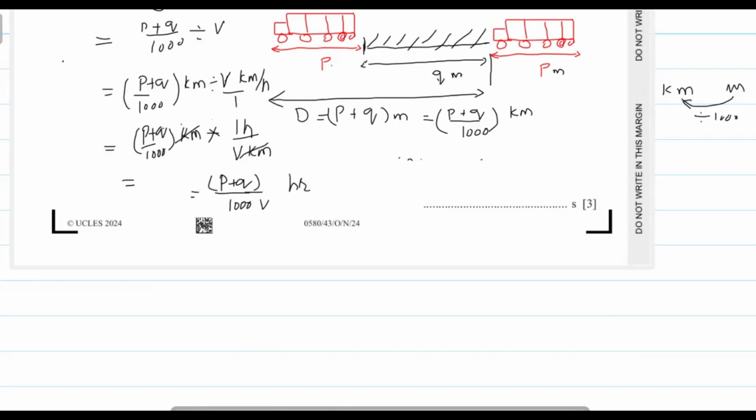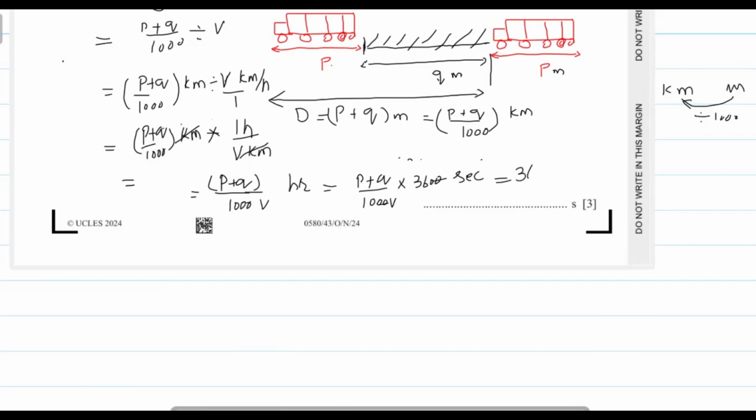hours. We will convert the time from hour into second. We will multiply this value by 3600. This value will be changed into second, and we can write p plus q over 1000 v into 3600 second, and 20 will be cancelled.